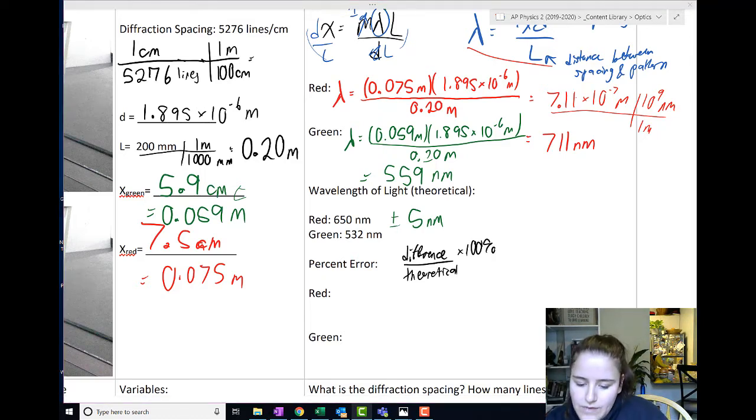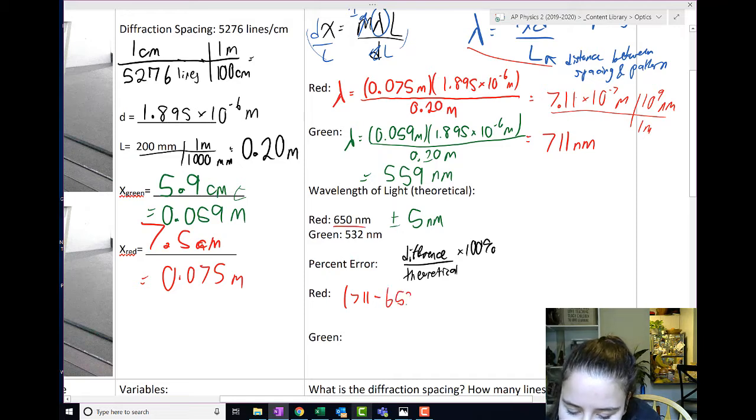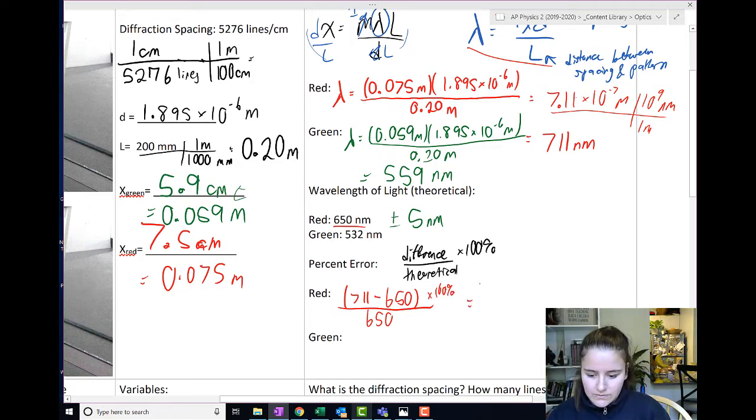So for red, it would be 711 minus the actual wavelength, 650, divided by 650, and then we times it by 100 to get it in percent form. Kind of a high percent error. We have a 9% error on that one. Not my best. It is what it is.